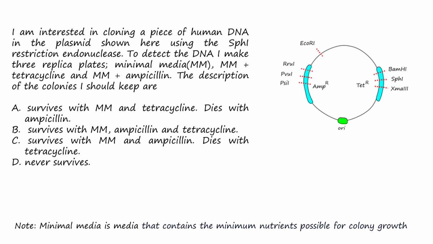The description of the colonies I should keep are: A. Survives with minimal media and tetracycline, dies with ampicillin. B. Survives with minimal media, ampicillin, and tetracycline. C. Survives with minimal media and ampicillin, dies with tetracycline. D. Never survives. Note, minimal media contains the minimum nutrients possible for colony growth.